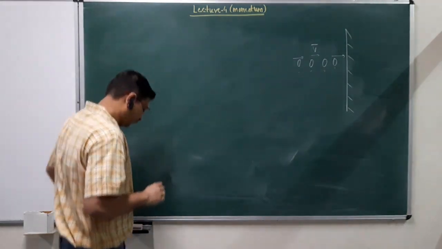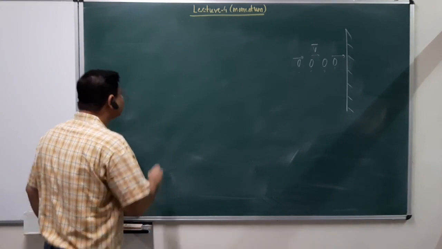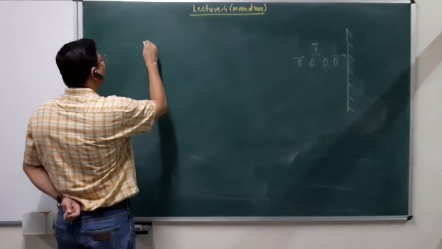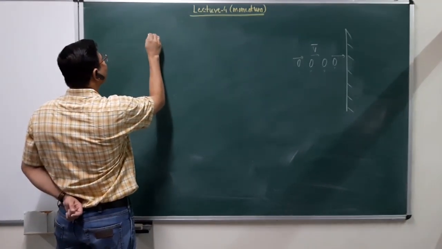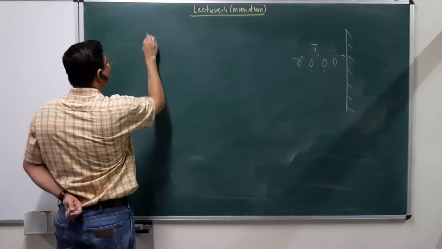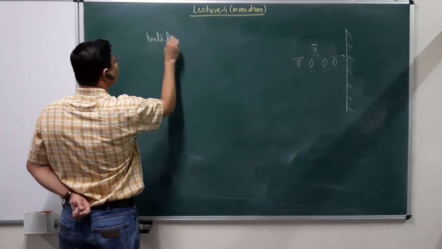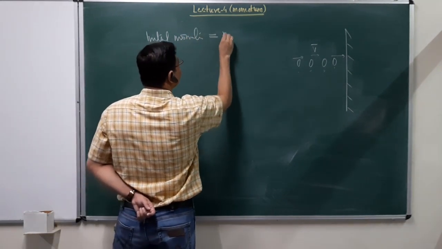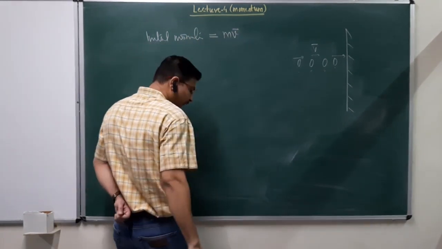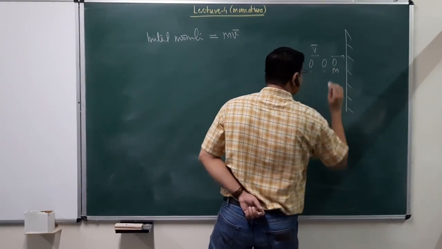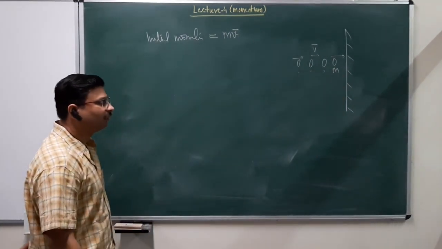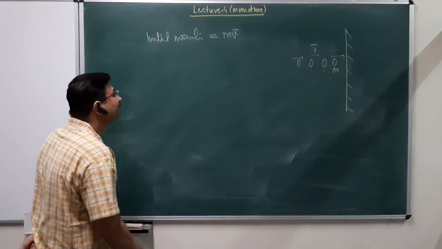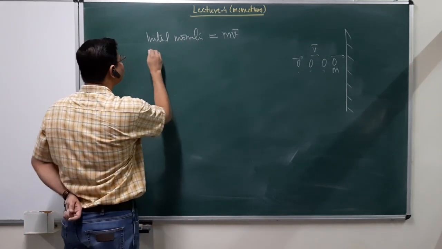If that is the case, then we can write down the initial momentum, which is equal to mv, where m is the mass of each ball or droplet, each particle.